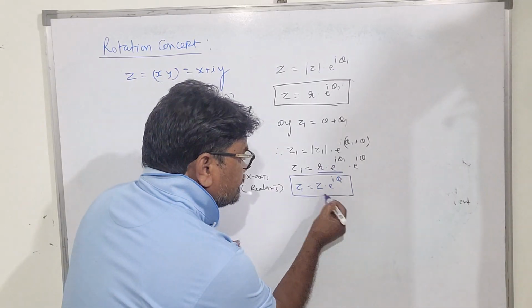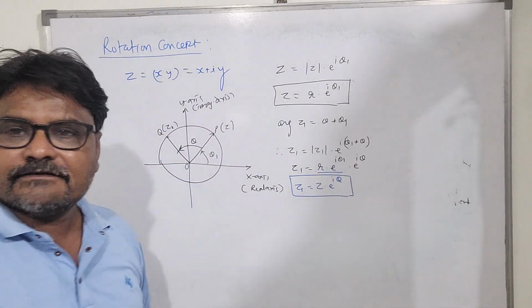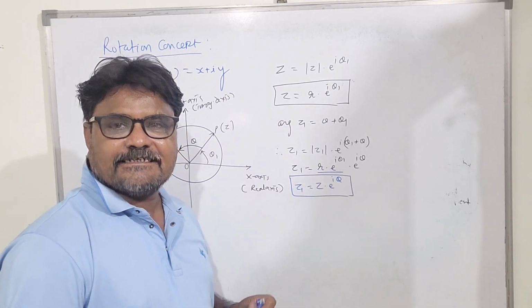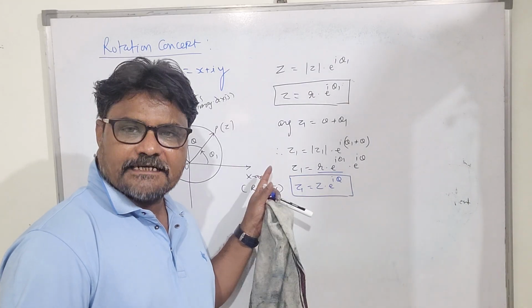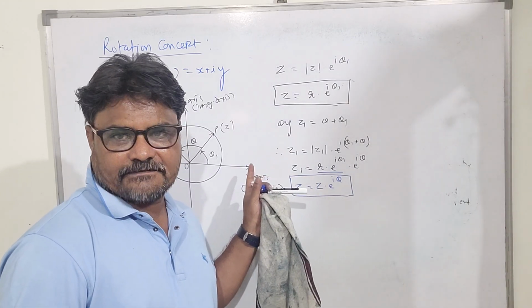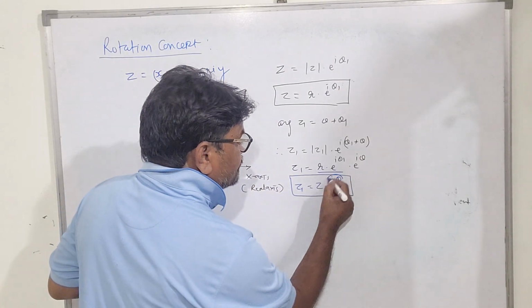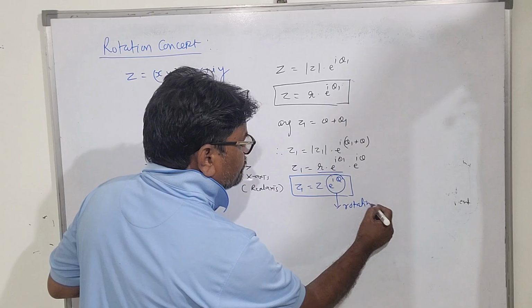When Z is multiplied by e^(iθ), we are getting Z1. So Z1 is the result of rotating complex number Z through theta degree anti-clockwise, correct? Therefore e^(iθ) is a rotating factor.